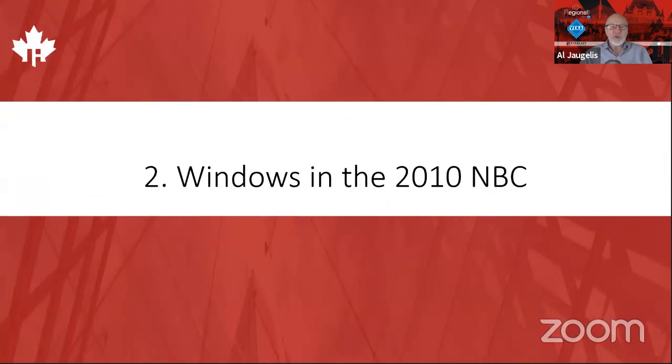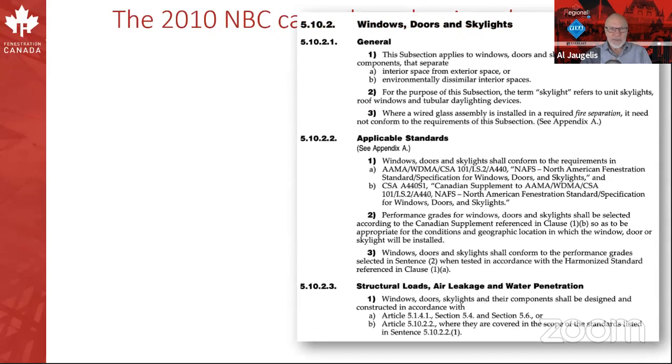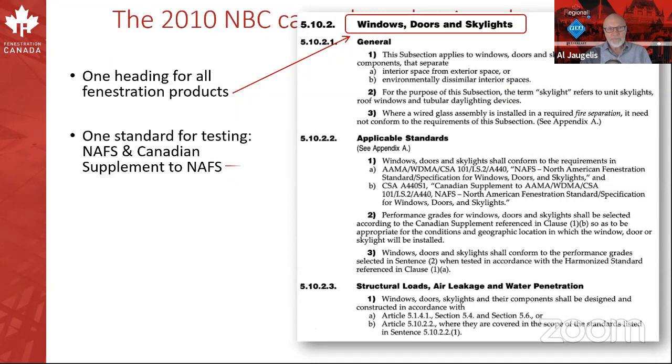So let's take a look at the 2010 National Building Code, because that's the code edition that kind of messed this up. And they got it half right, and they left something important out, which led to a lot of misunderstanding. The 2010 National Code gave us one subsection in Part 5 for windows, doors, and skylights. It gave us one standard for testing products, NAFS and the Canadian supplement to NAFS.